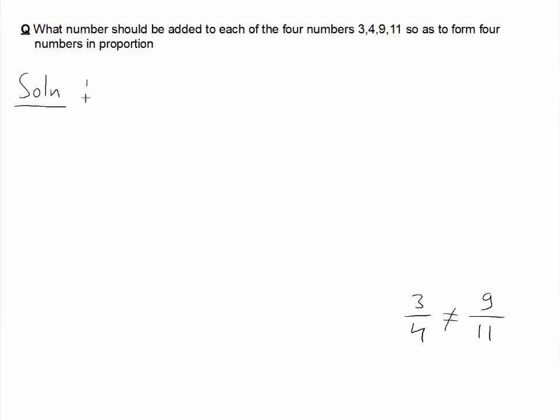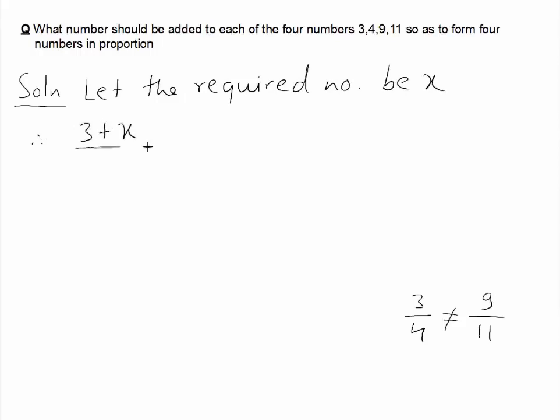So we'll start with, let the required number be x. Therefore 3 plus x divided by 4 plus x must be equal to 9 plus x divided by 11 plus x, because these numbers must be in proportion. So upon solving, we will get x as 3.